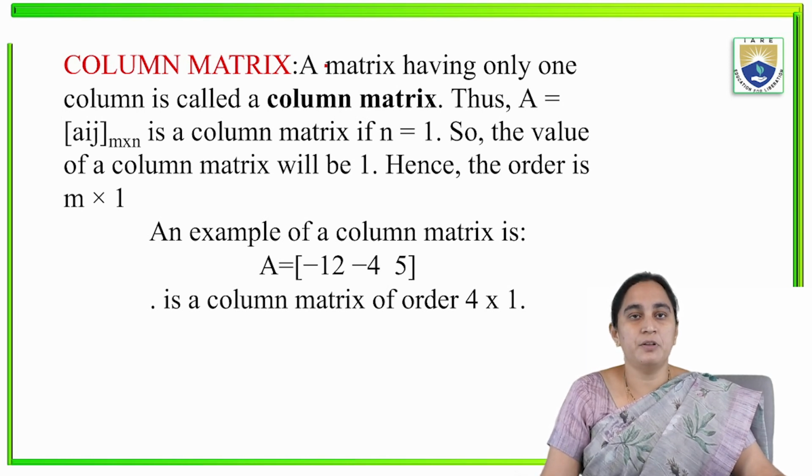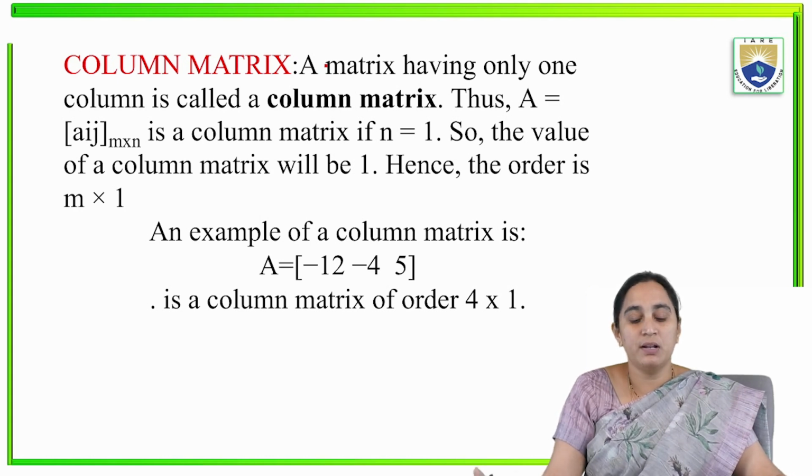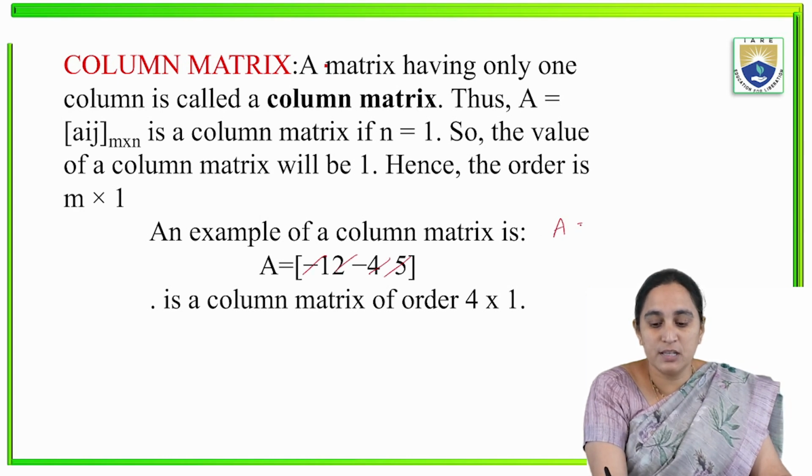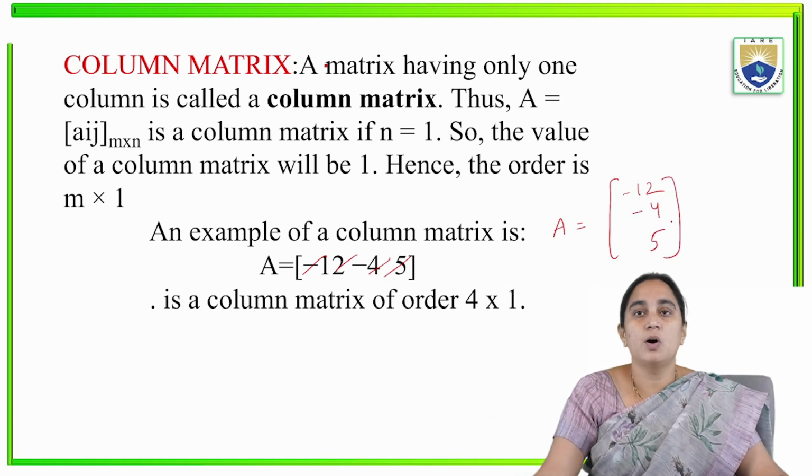Hence the order of the matrix is m by 1, where m means the number of rows. For the example, we write minus 12, minus 4 and 5. This is the column matrix.